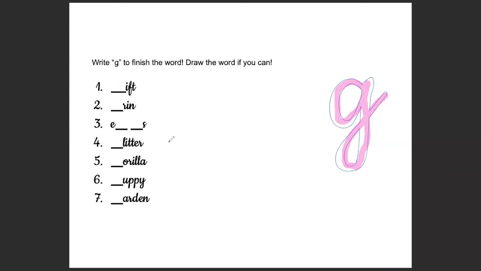Then I'm going to write my G, G in each space. Once you finish, we'll read the words together.